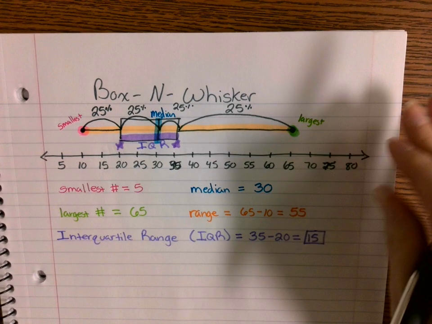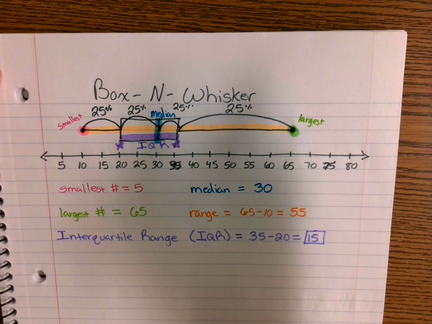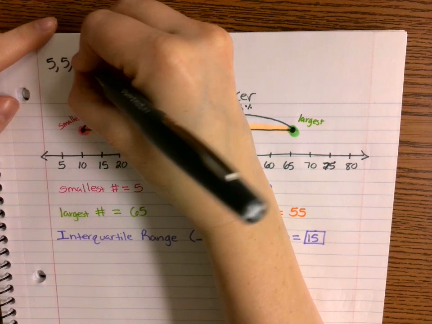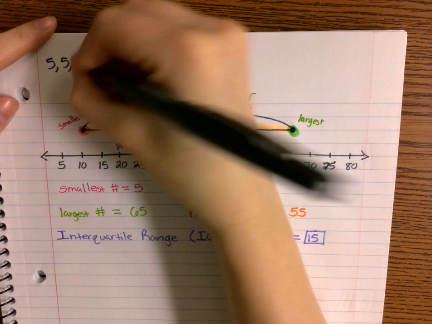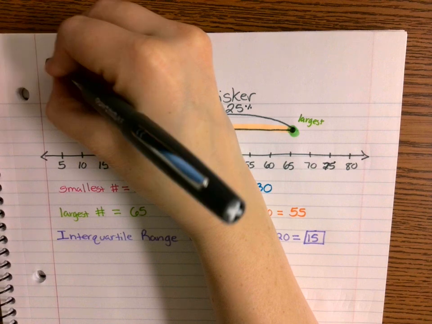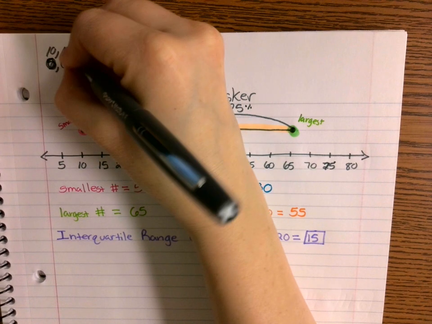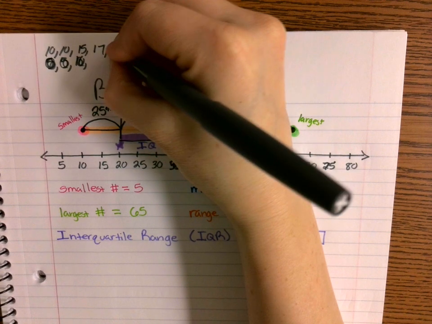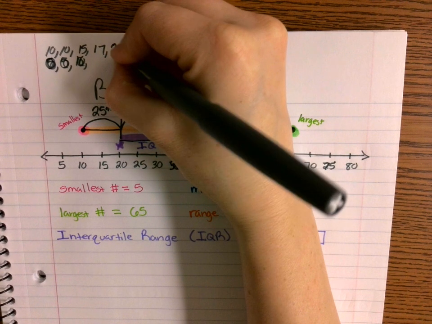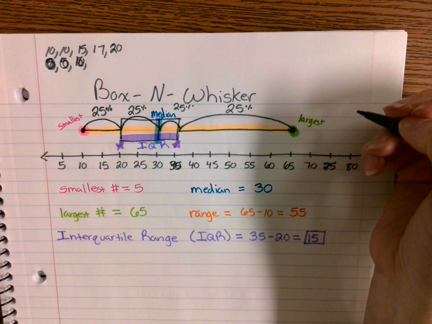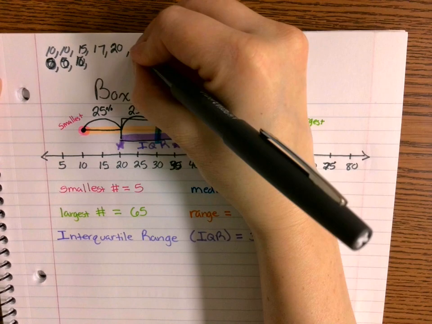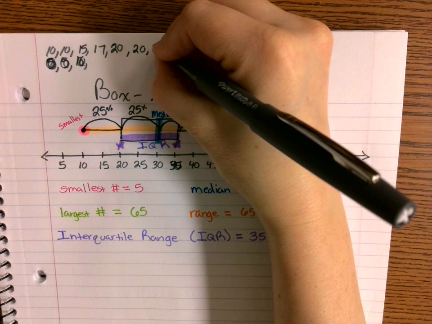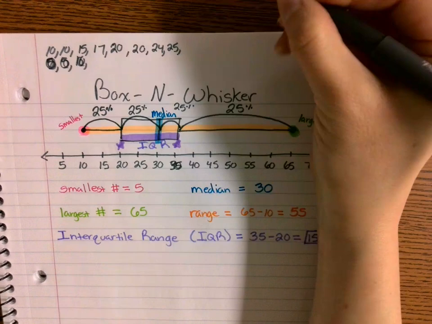My data set might be 10, 10, and we'll say 15, 17, and 20. Then the next set might be a 20 and a 24, 25, we'll say 29 and a 30.